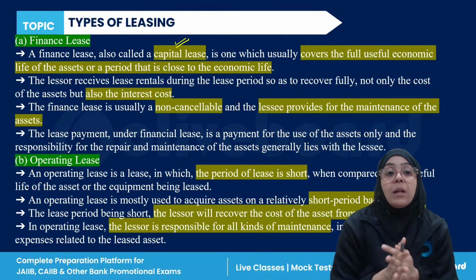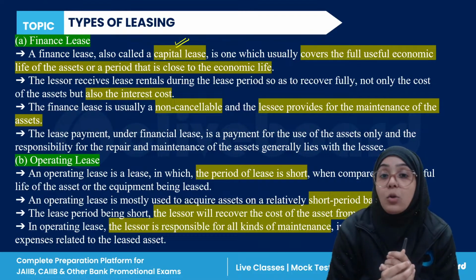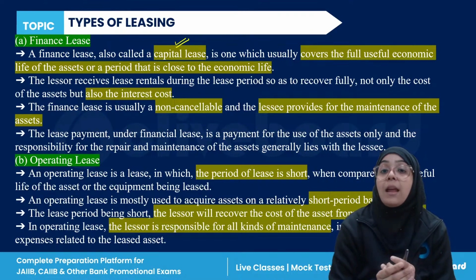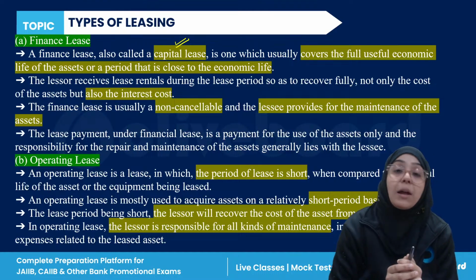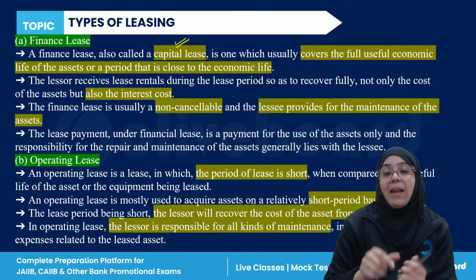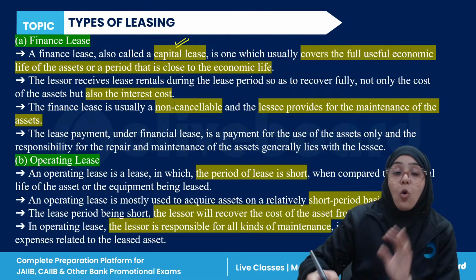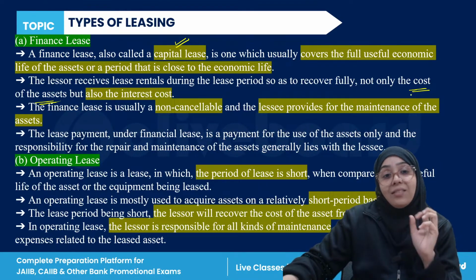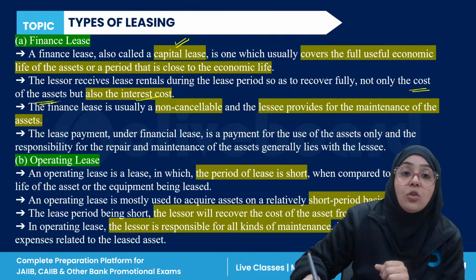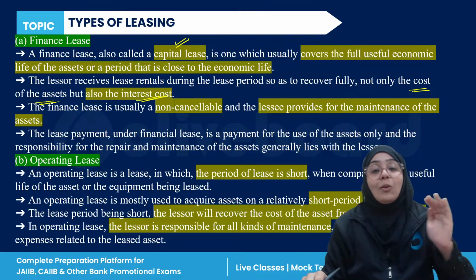Clear? Now, the lessor receives lease rental during the lease period so as to recover fully not only the cost of the asset but also the interest cost. So under this finance lease, the cost of the asset is covered, plus the interest cost is also covered.